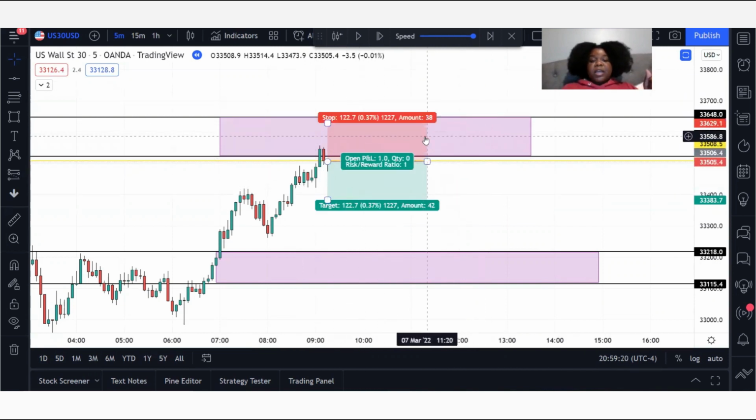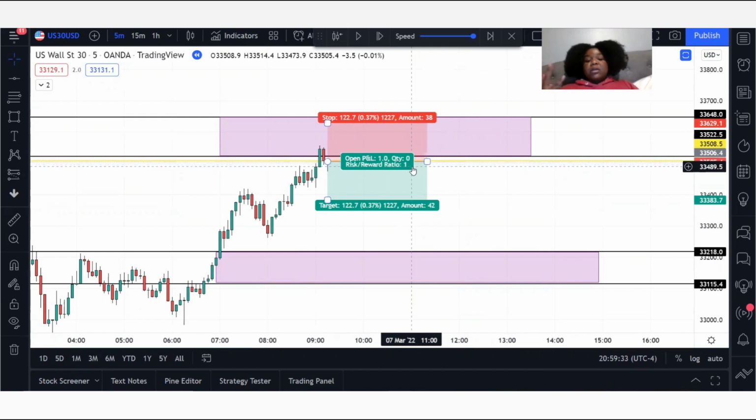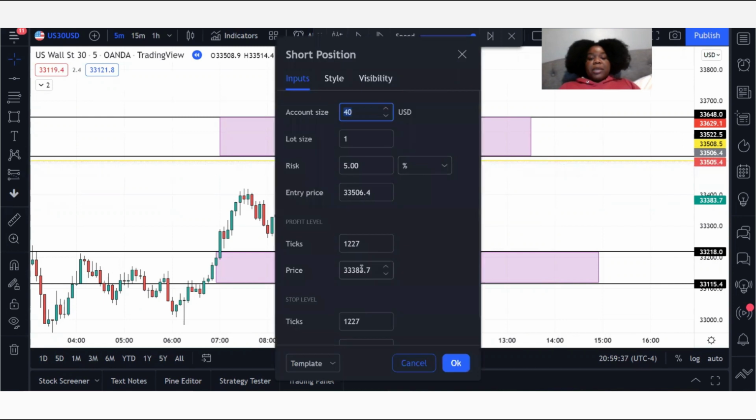So currently my stop loss is 122. I'm gonna use dollars, I'm not gonna say pips. So it's currently $122, that's if you have a lot size of 0.01. So I'm gonna make it 150.